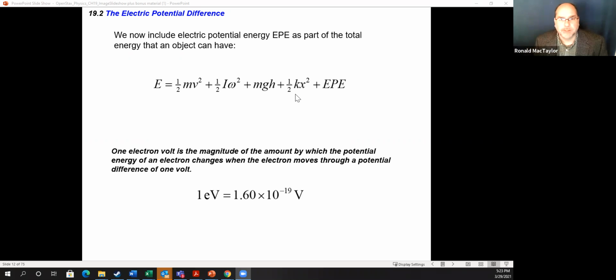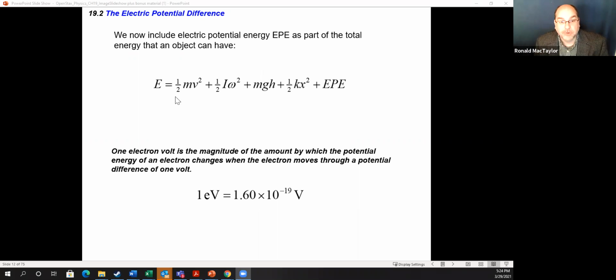Oh my goodness, remember this, Hooke's law? If you have something that's vibrating back and forth on like a spring or an axis, or if you have two oxygen atoms that are bound by covalent bonds and are vibrating back and forth, there's another form of energy there. That's the 1/2 kx squared spring potential energy.